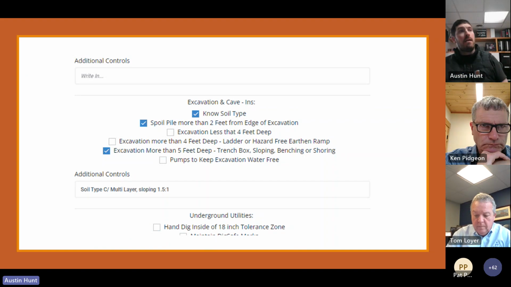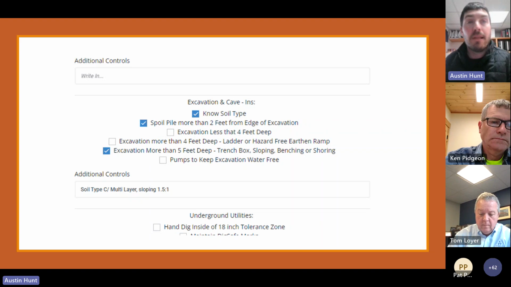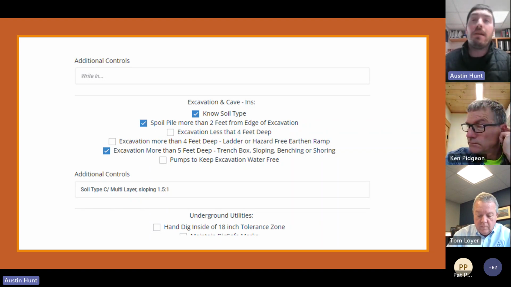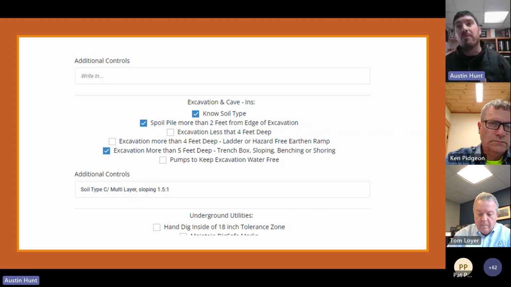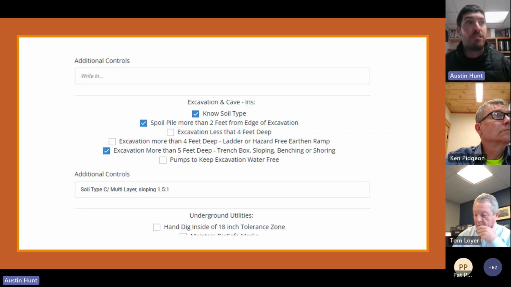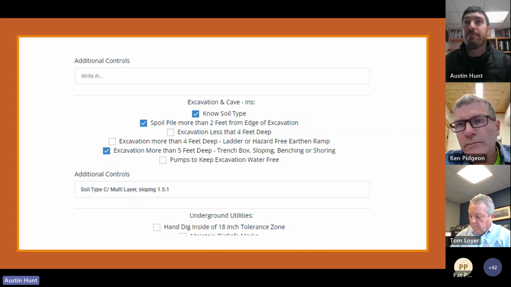Then in the write-in box below, write in that soil type you have, or if it's multi-layer, and then write in what you're sloping your trench to. So best practice, just use that 1.5 to 1 measurement if you're unsure. And that's really all I have today.